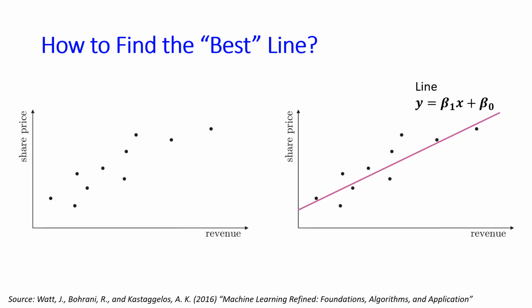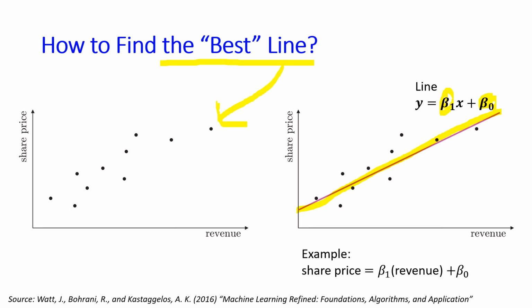So now that we have seen some applications of the linear regression model, the question is how to find the best line to represent the data points or the instances that we have. In a more technical form, when we define a line that looks like this, we say that we need to determine the parameters here, beta 1, and also the constant beta 0, such that we may define this line as y equals beta 1 times x plus beta 0.